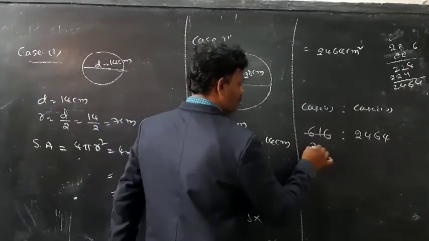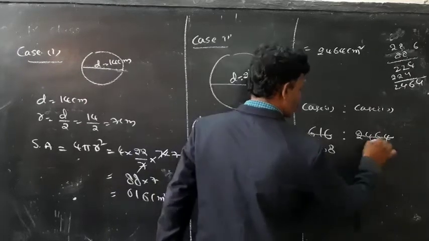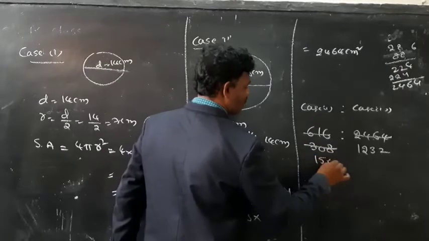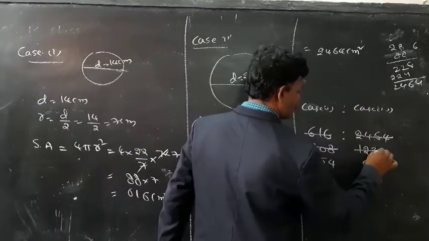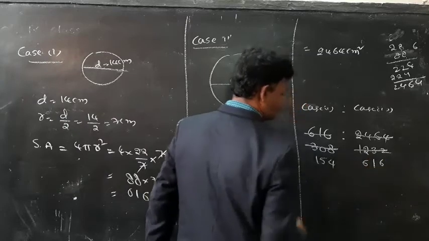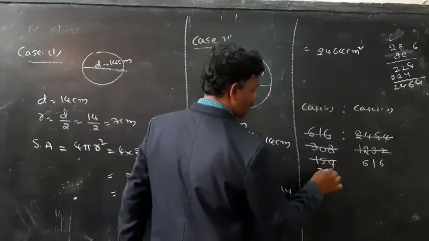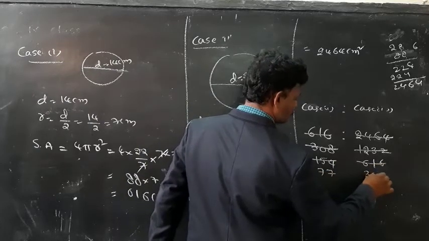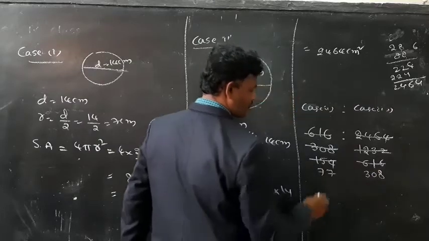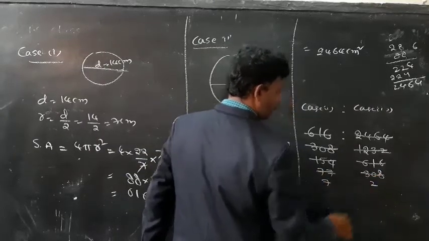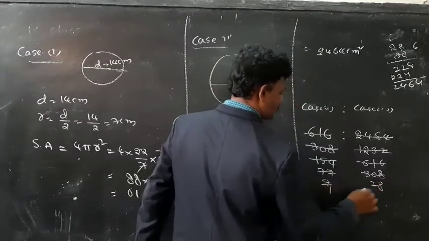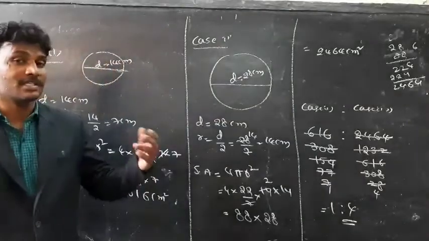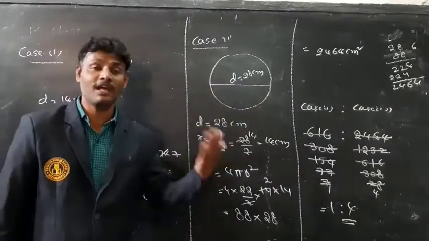See here. Eleven sevens are 77, eleven twos are 22, eleven eights are 88, 7 ones are 7, 7 fours are 28. So what is the required ratio? It is 1:4. It means the second case is increased 4 times compared to the first case.